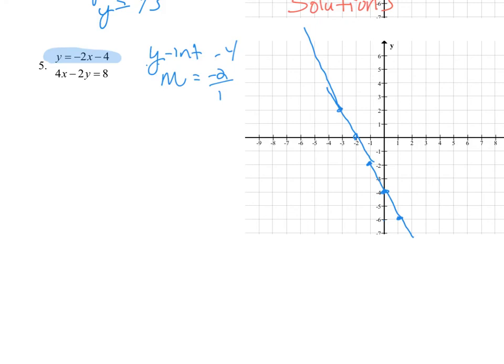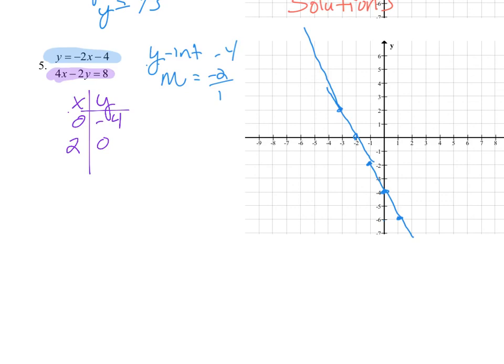So we have 4x minus 2y equals 8. So I have an x and a y. When x is 0, y is -4. 8 divided by -2. When y is 0, I get x is 2. 8 divided by 4.